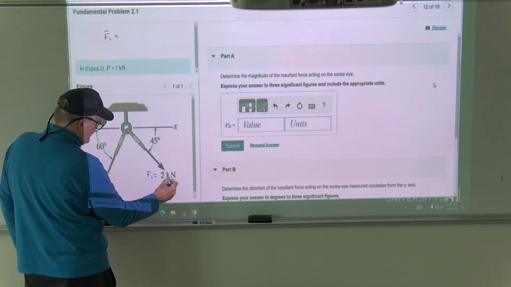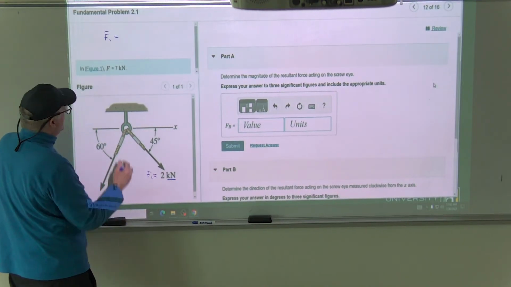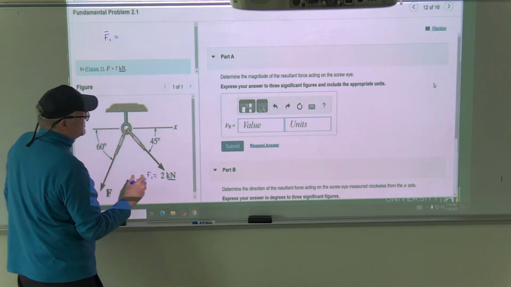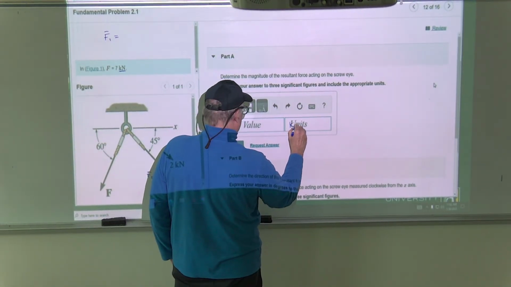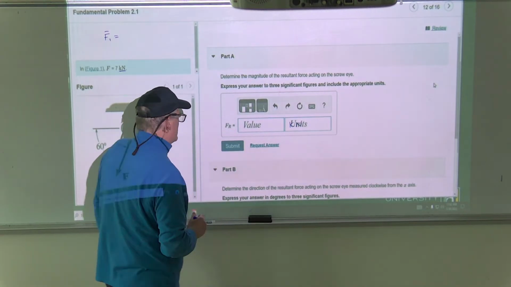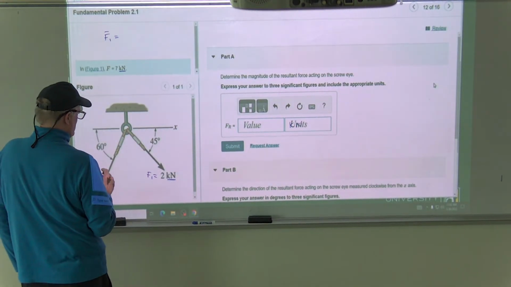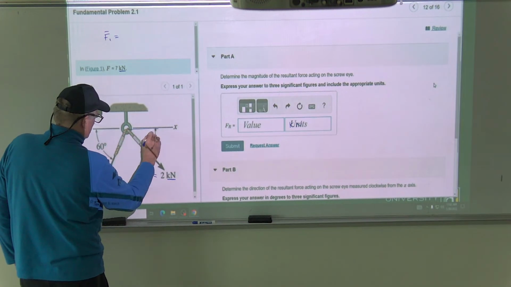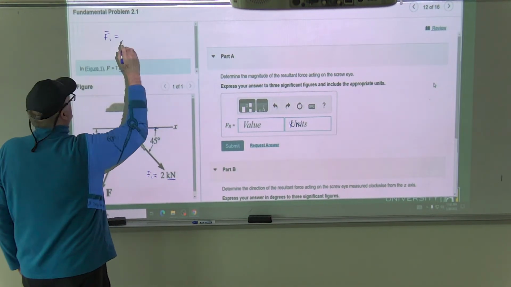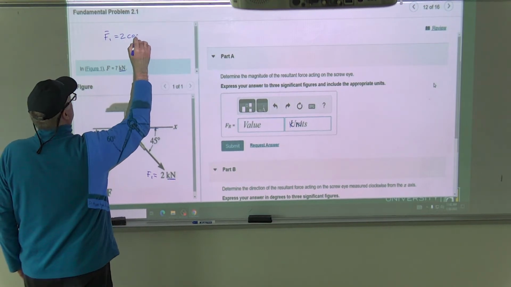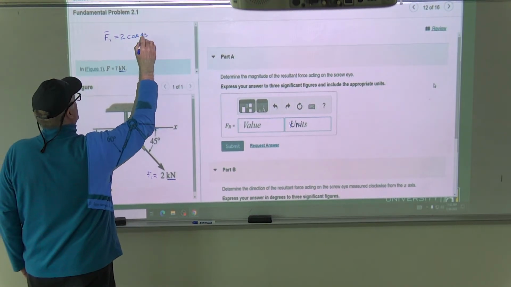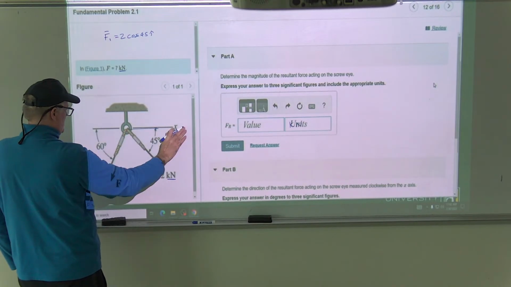I'm just going to not write that and just say everything he's writing is kilonewtons. So what I've got is a component going that way. So I've got 2 times cosine 45 i going to the right.